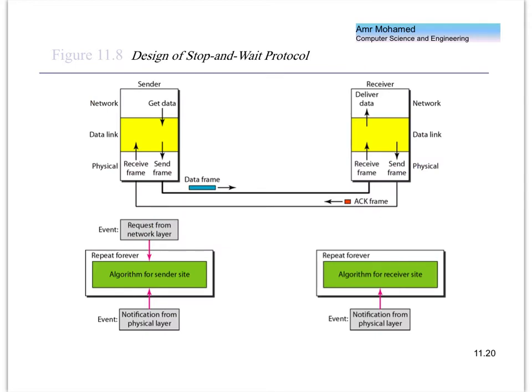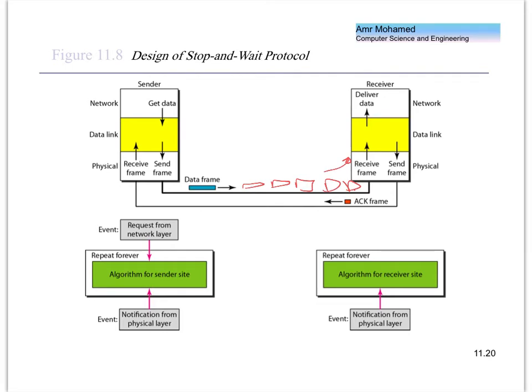The problem with the simplest algorithm here is that we send frames without having to wait for anything, in which case we have lots and lots of frames on the channel, which in fact might overwhelm the receiver, and in that case the receiver cannot cope with the speed.